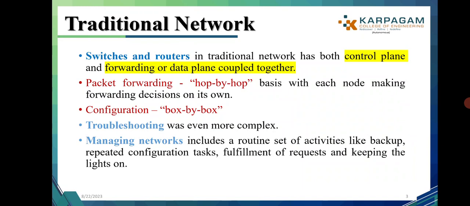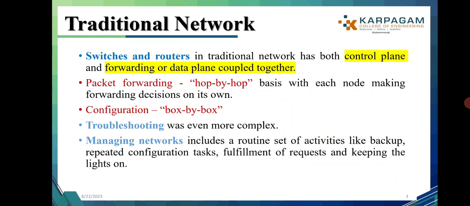Then coming to the configuration method, that is defined as box by box, right? What do we mean by box by box? The term box refers to a connecting device like a switch or a router. In a traditional network, we have to configure each and every device manually, right? You have to connect to each and every device, then configure each one manually.